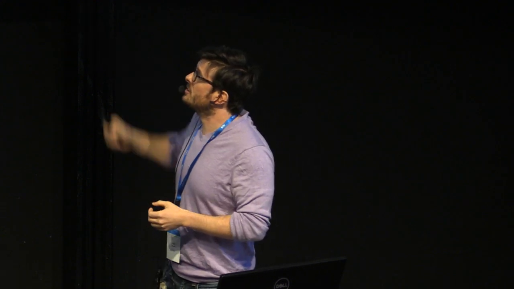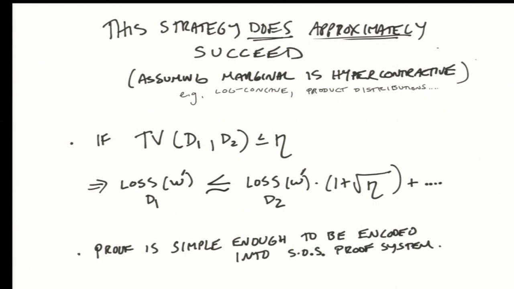So you should think of D2 as the uniform distribution over your corrupted set. D1 is the uniform distribution over your uncorrupted set. And this says that if you find a function whose square loss with respect to the corrupted set is small, then you've actually found a function whose square loss with respect to the uncorrupted set is small. Okay? And even better, the proof is simple enough to encode into this sum of squares proof system.